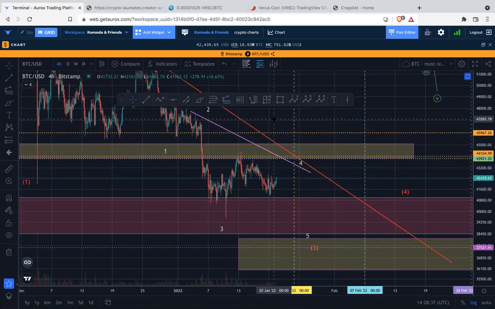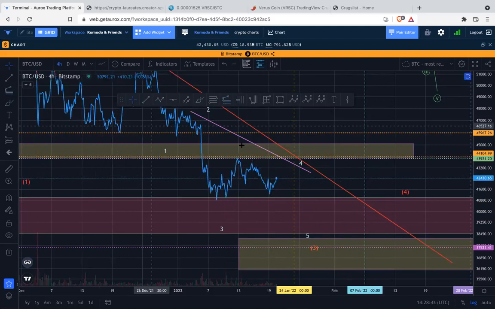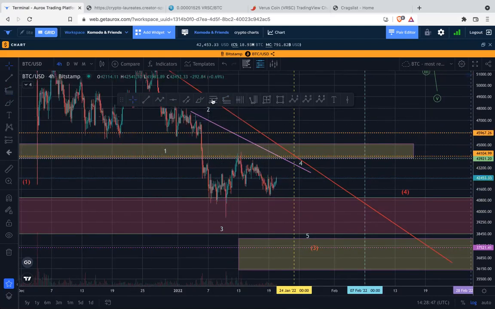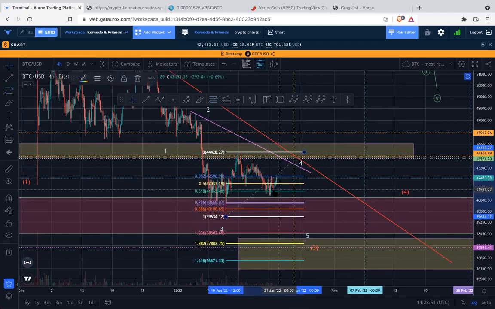And then the other thing is, wait, I just want to show you, if we use the fib retracement on this A wave, you can see the B wave is definitely more than 61.8%.